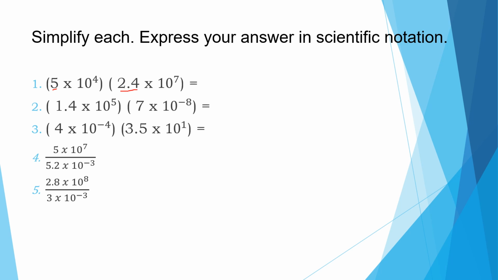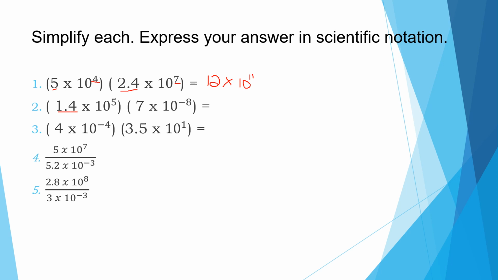So, 5 times 2.4, the product is 12. Times, and then we add the exponent. 7 plus 4 plus 7 equals, okay, 10 raised to 11. Okay, ganun lang po yun.